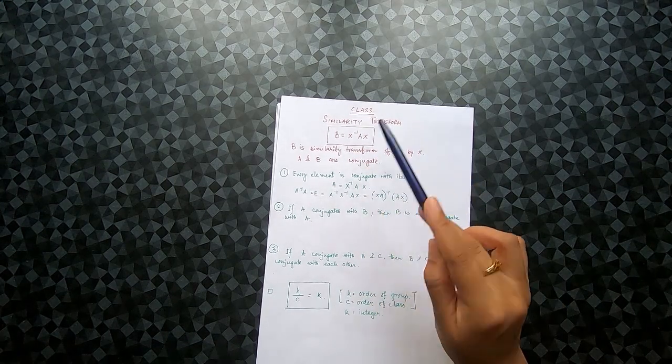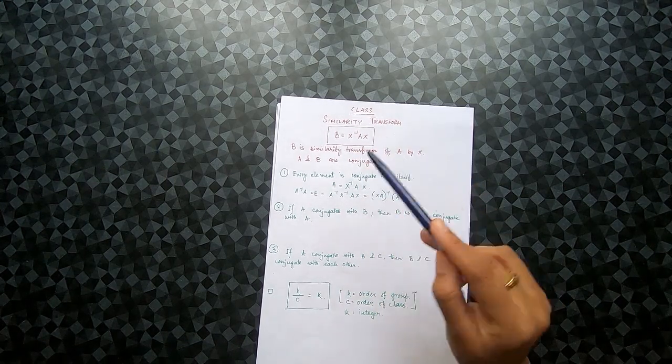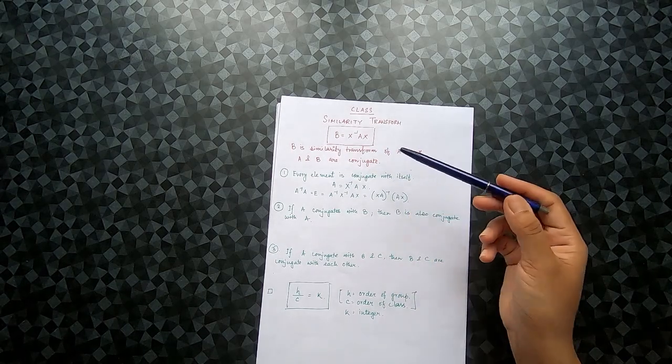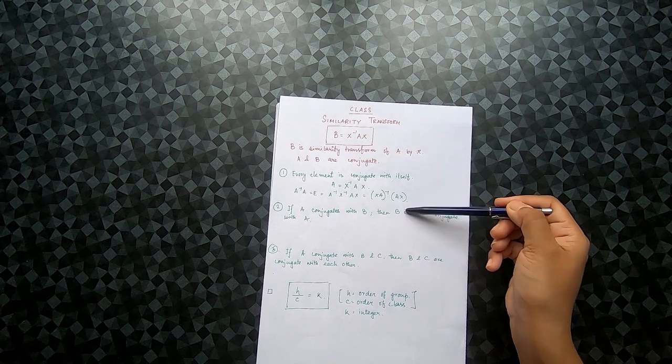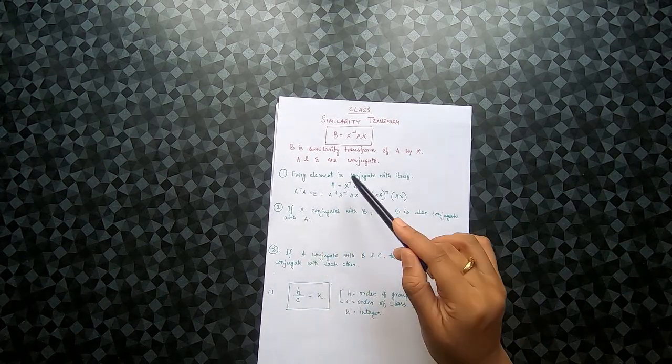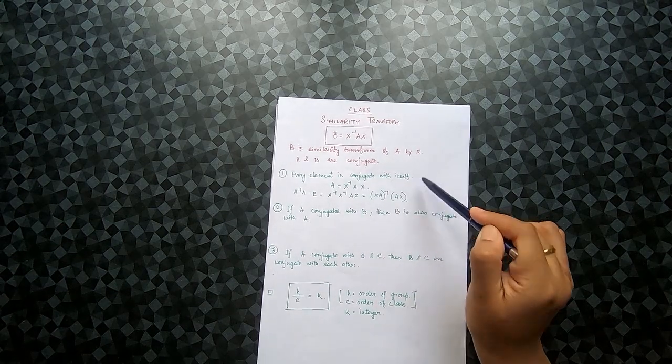A complete set of elements that are conjugate to one another is called a class of the group. The elements of a class follow certain rules. Every element is conjugate with itself.